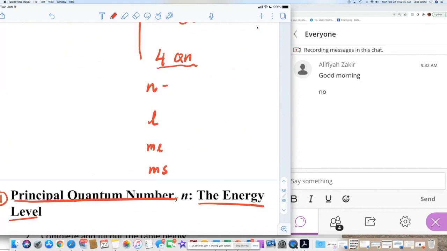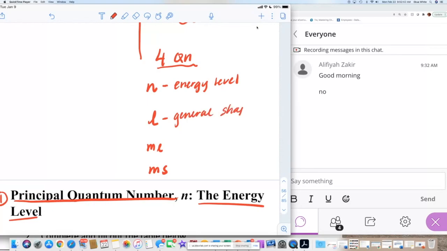He was also able to say that electrons have different energy levels depending on what electron you're looking at. So N provides us with the energy level information, the energy level of the orbital or the electron. Remember, those two are interchangeable, right? And then L gives you the generalized shape.